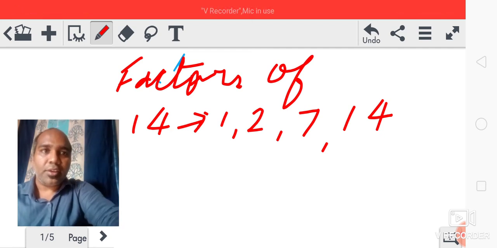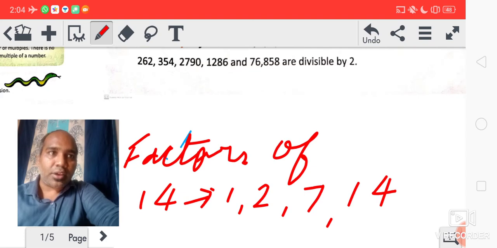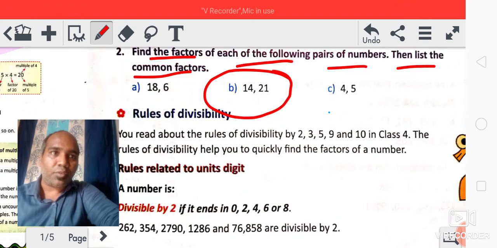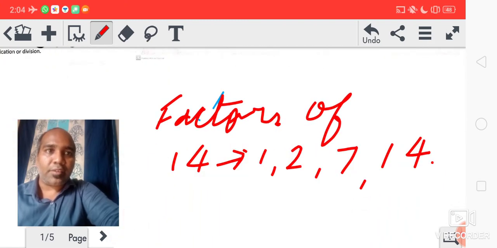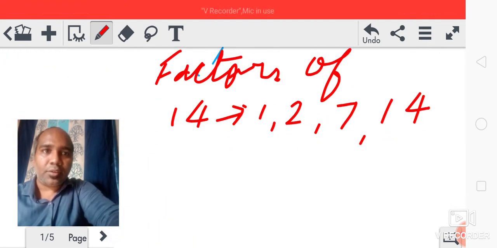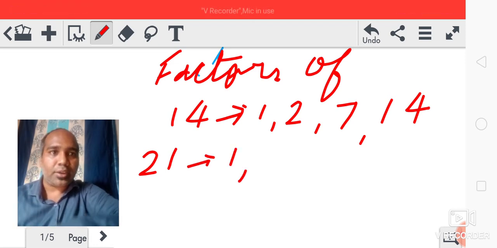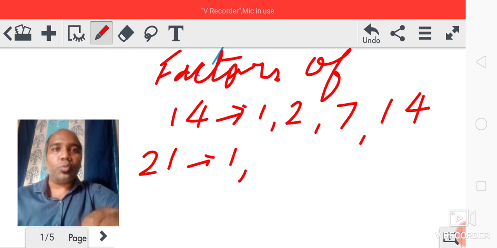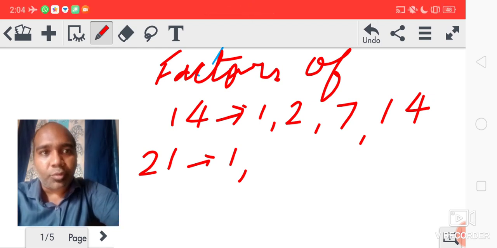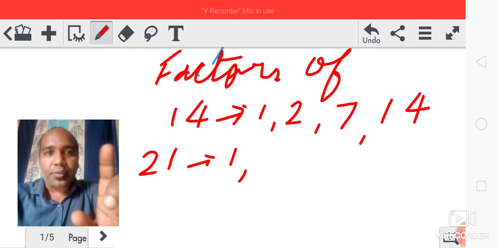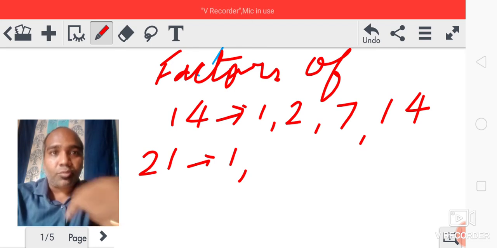Now similarly, the other number, which one is the other number after 14? 21. Okay, so we'll write the factors of 21. First of all, 1 is a factor of every number, so we'll write 1. Then 2, in the table of 2, do we get 21? 2 10s are 20. Then after 20 we get 22, not 21.